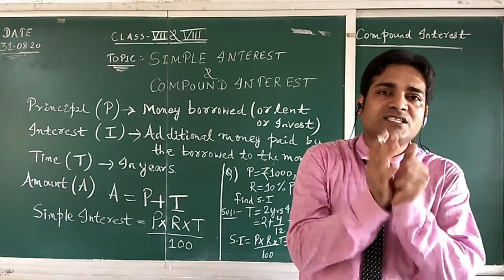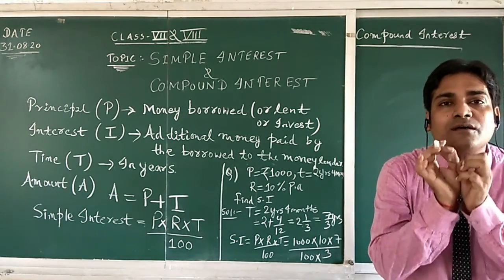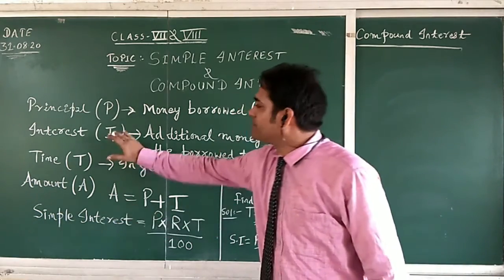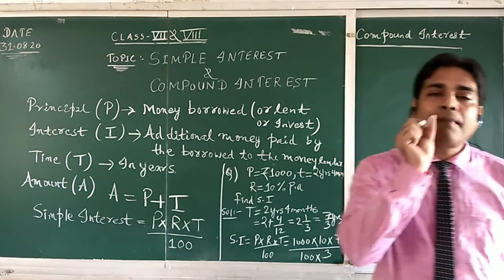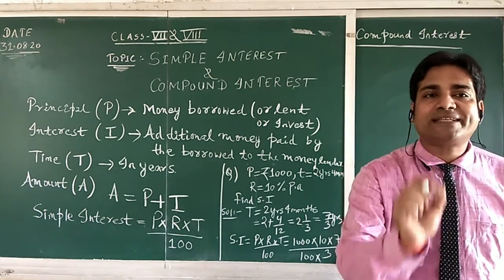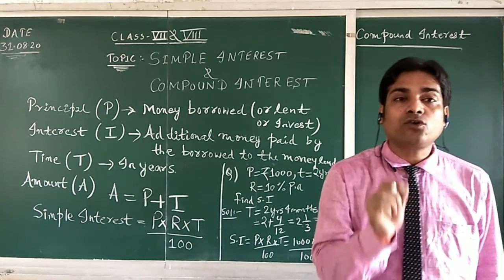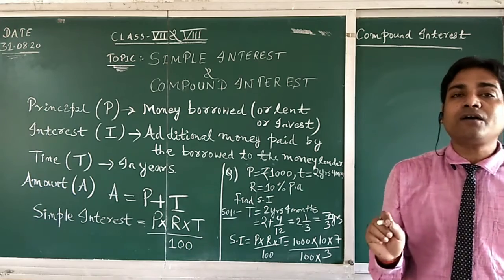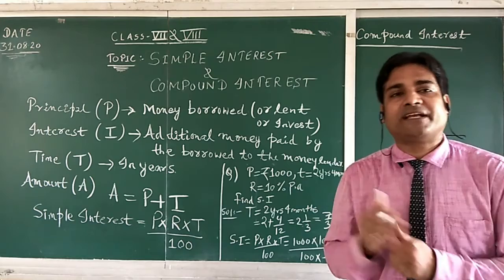First of all, understand that simple interest is calculated on the principal amount. But on the other hand, compound interest is calculated on the principal amount and also on the accumulated interest of the previous period.